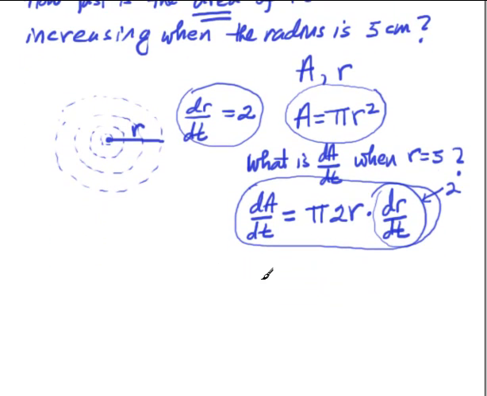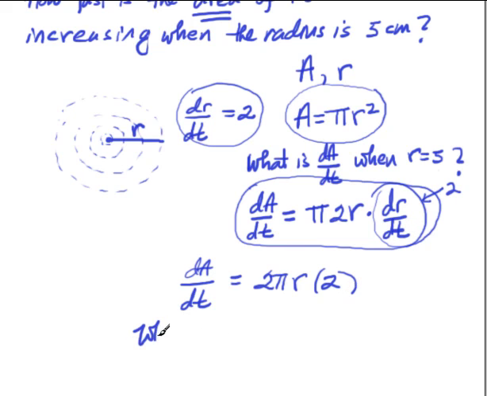So first of all, dA dt is equal to 2 pi r times 2, because dr dt is always 2. So I did that substitution.